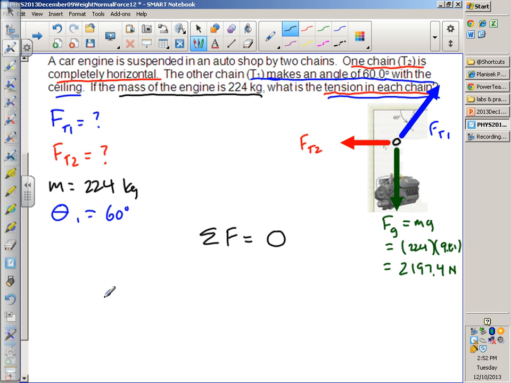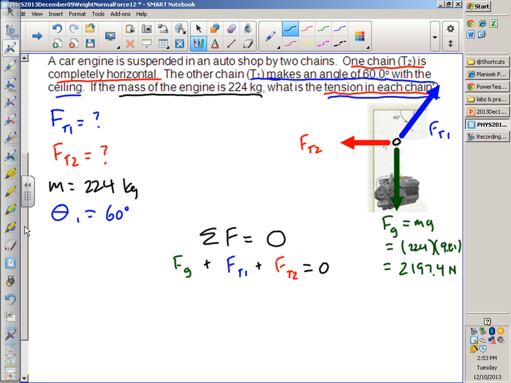Because there's no acceleration. So then F of g plus F of T1 plus F of T2 all together have to equal 0, right?